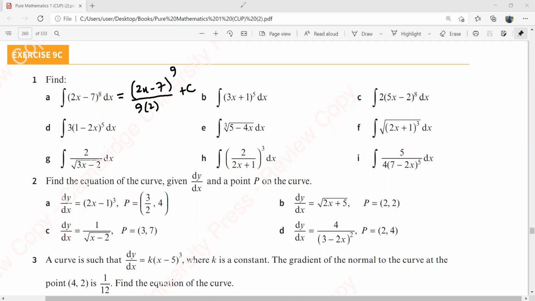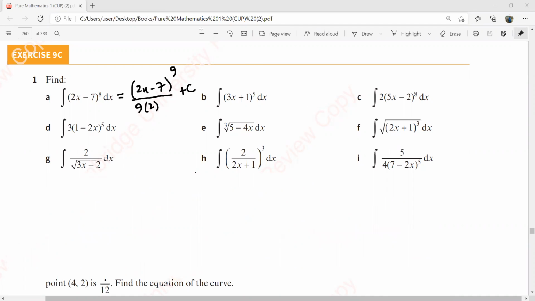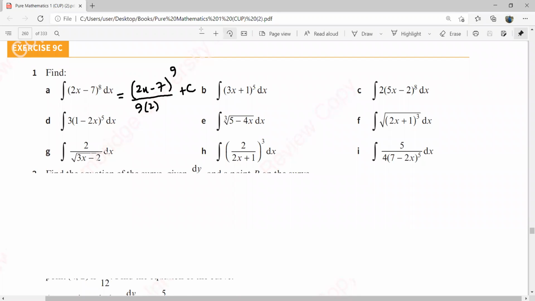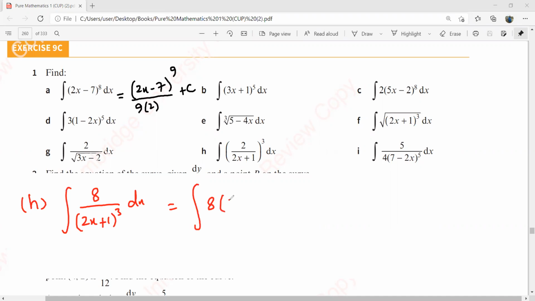Look at question number one's H part; I think we discussed this earlier as well. First, I'm not integrating it, I'm just writing it into a form that is appropriate for integration. I have split the power 3 onto the numerator and the denominator, and now this can be written as 8 into (2x plus 1) to the power minus 3.